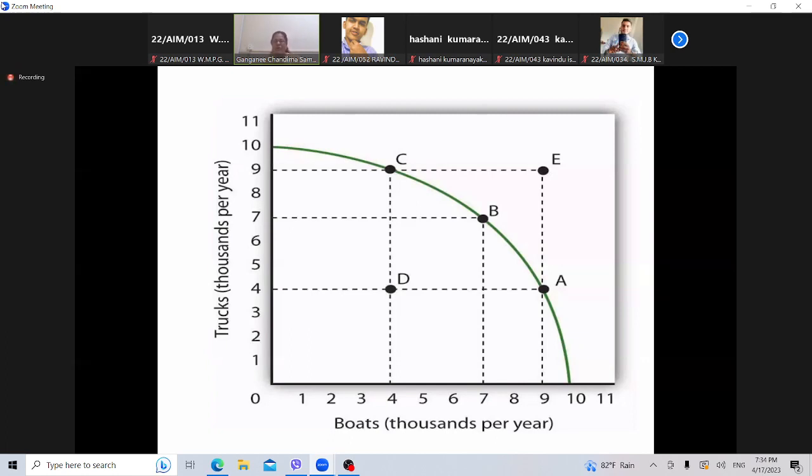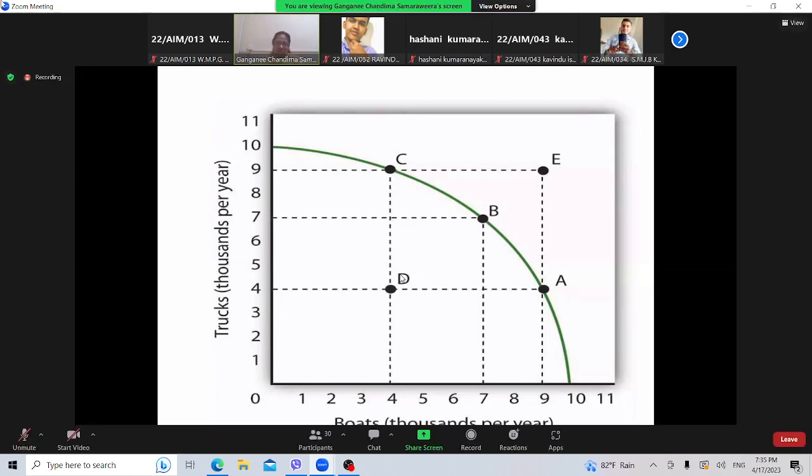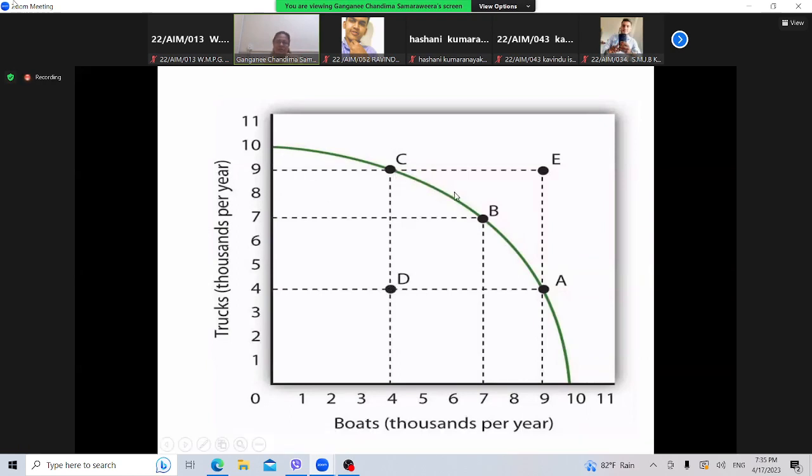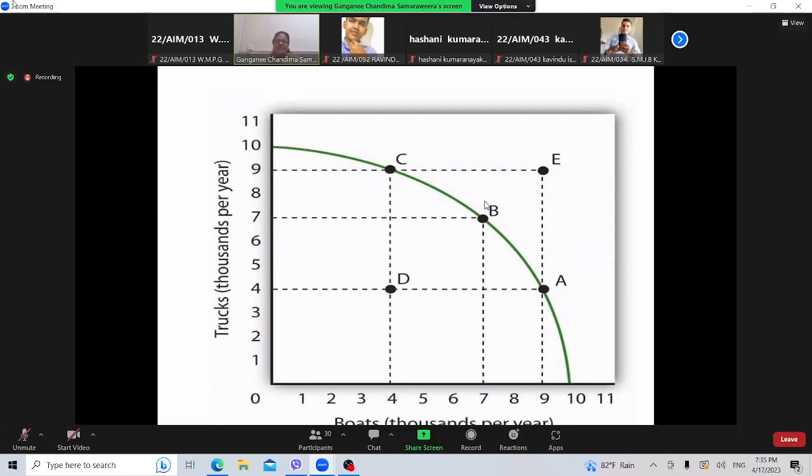Very good. Hope you understood. Please discuss with others and make them understand. So, point E, we can't talk even about efficiency because it is not feasible. Point D, feasible but inefficient. These points are the only efficient and feasible points.